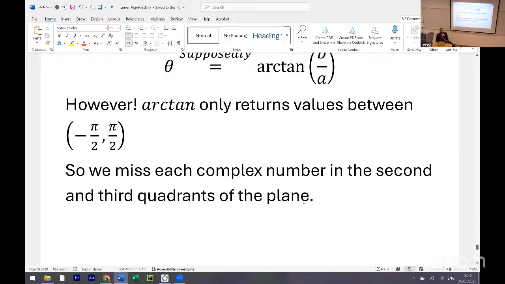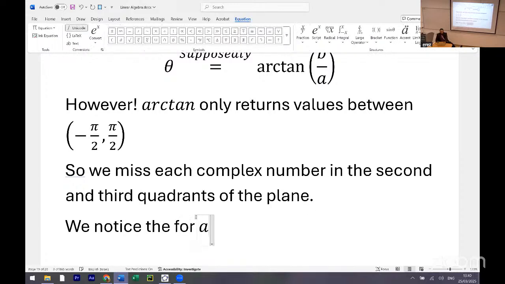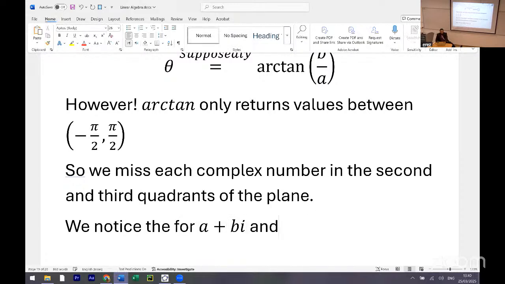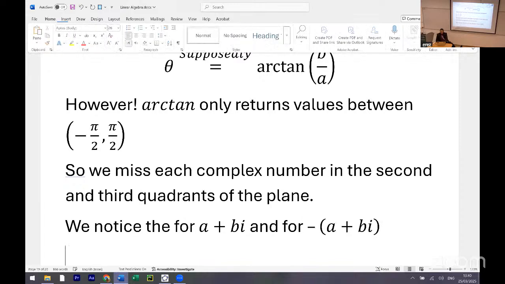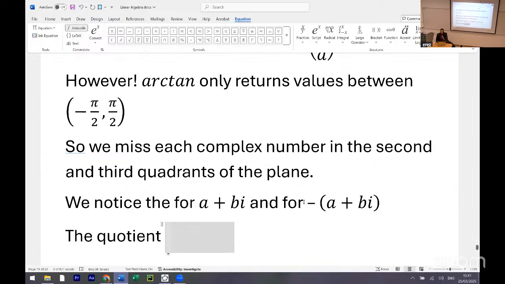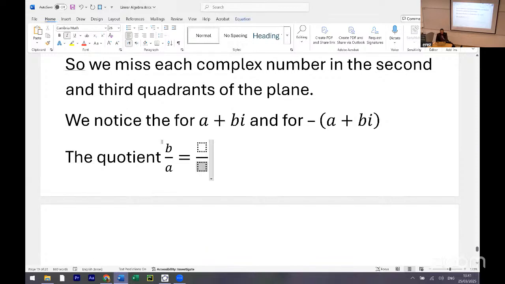So how do we fix the problem? We notice that for a plus bi and for minus a plus bi, the quotient b over a equals minus b over minus a.